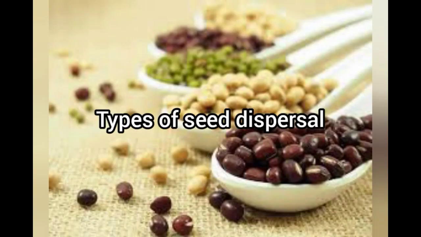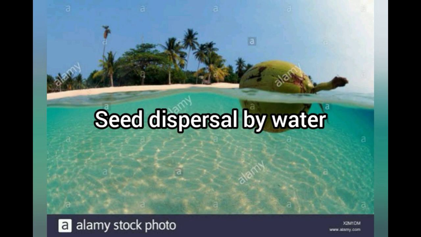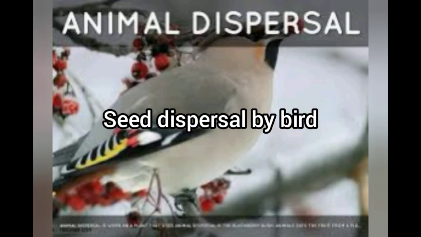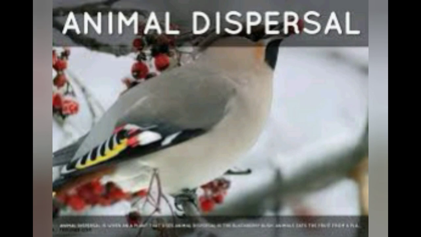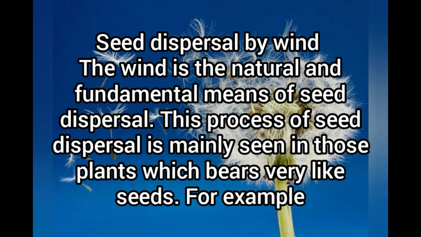Types of seed dispersal: seed dispersal by wind, seed dispersal by water, seed dispersal by animals, seed dispersal by birds, and seed dispersal by exploding seeds. Seed dispersal by wind.